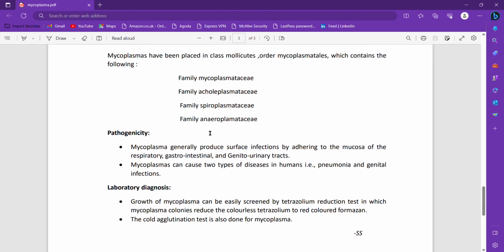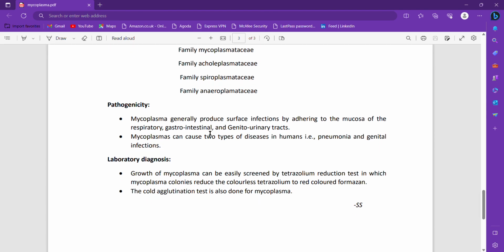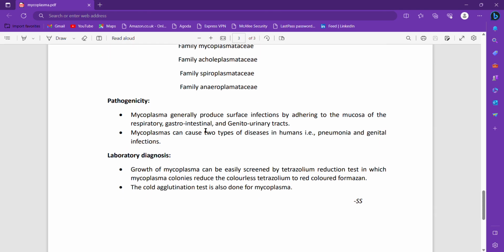And about the pathogenicity of mycoplasma, they generally produce surface infection by adhering to the mucosa of the respiratory, gastrointestinal, and genitourinary tracts. Generally, they are found in the gut and our respiratory system, mainly in the mucosa of the respiratory system. Mycoplasma can cause two types of disease in humans, that is pneumonia and genital infections.